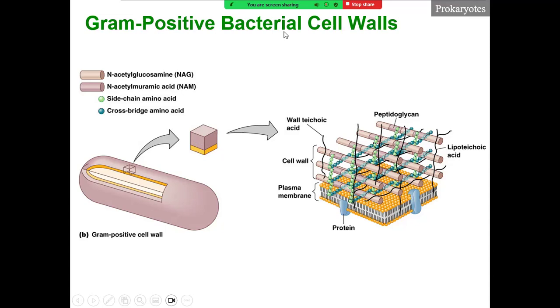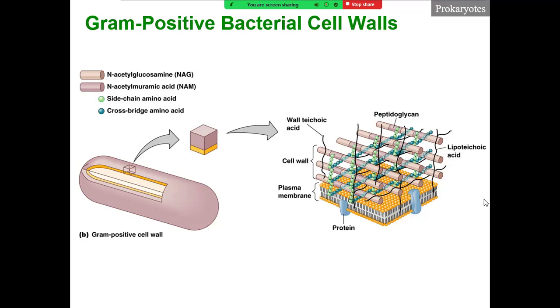But there are some other molecules, namely teichoic acid, which actually helps link the peptidoglycan together because it runs through the peptidoglycan, linking this one with that one, much like the short polypeptides.